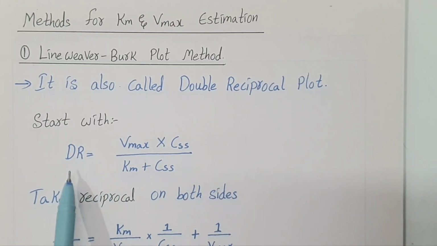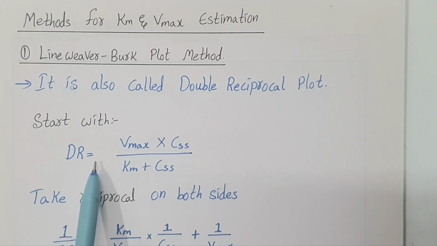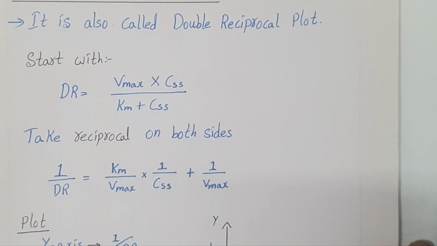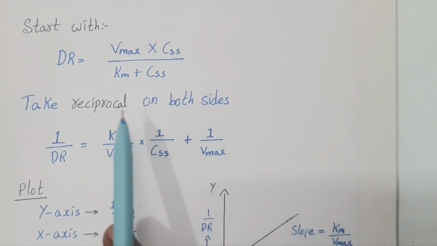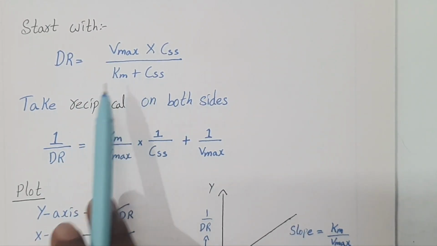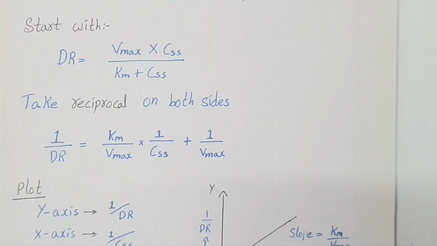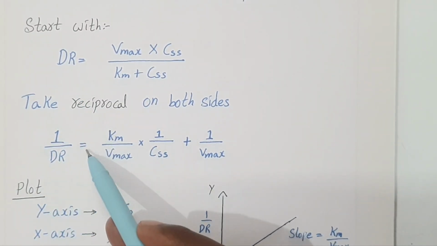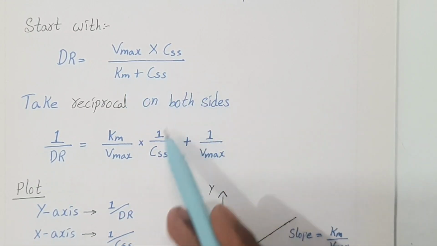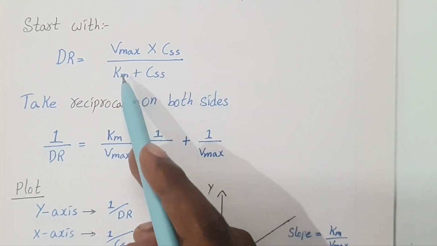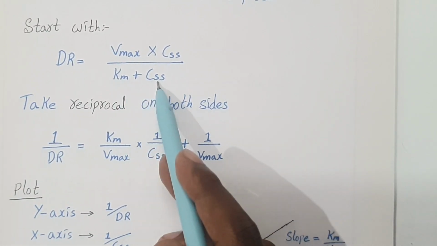Firstly, we take the dosing rate formula, DR equals Vmax into Css divided by Km plus Css. I think you already got this. To this formula, we take the reciprocal on both sides, so reciprocal means 1 by DR equals Km plus Css divided by Vmax into Css. Then we separate Km and Css.